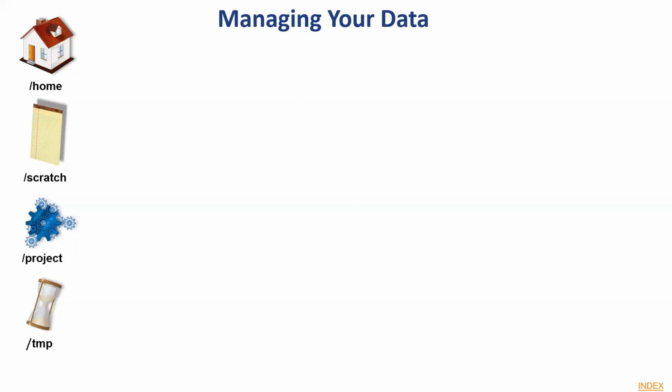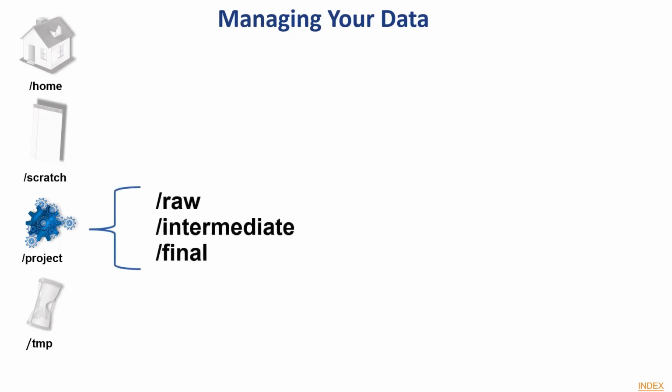So let's go back to the HPC storage types and look at where and how to manage your research data. For the sake of this discussion, let's assume that the project directory is a logical place to start for managing your data in the HPC context.